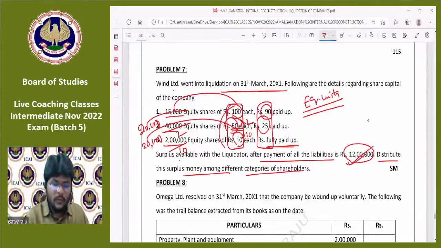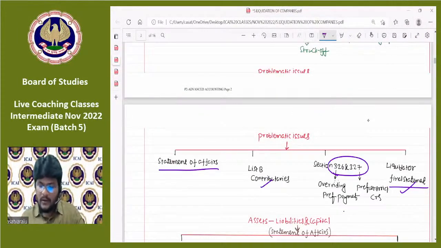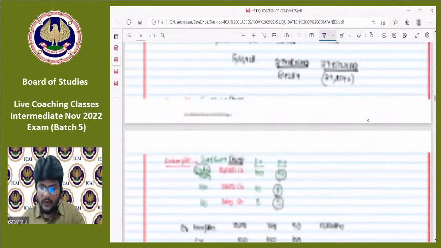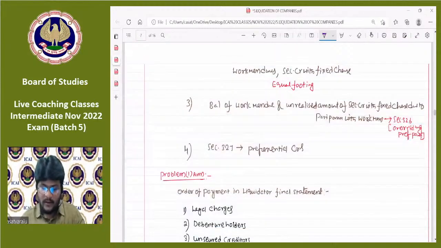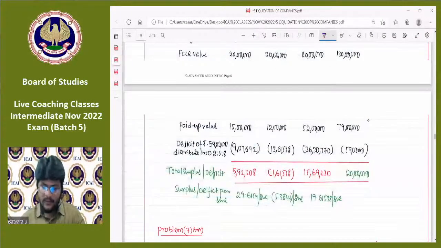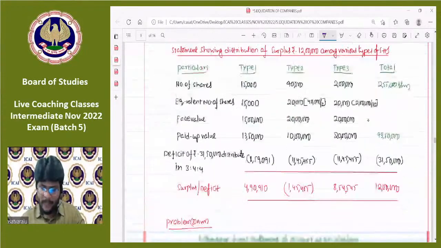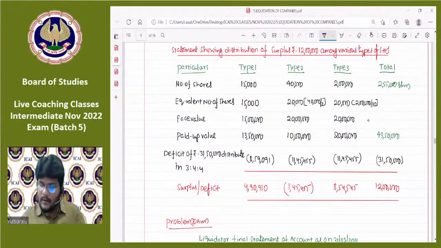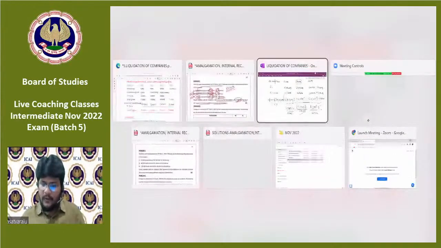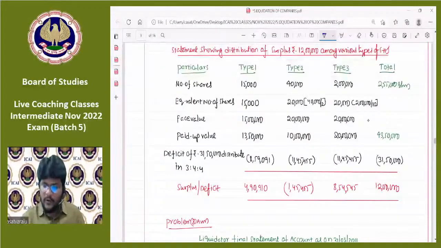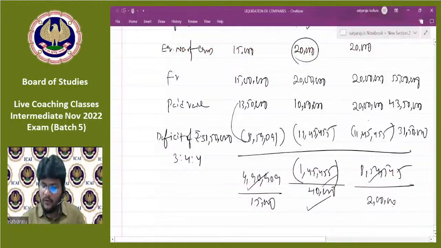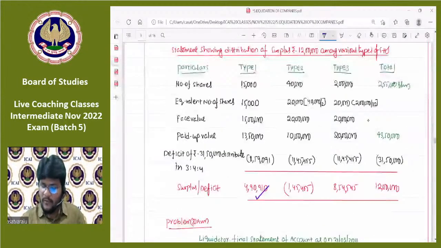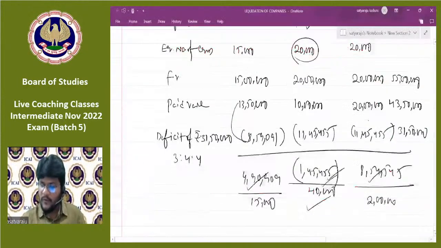This is all about problem number 7. You can cross check the solution with my printed material. Just a second. Just for computation issues, 4,90,910 and 1,45,455, yes, 8,54,545.